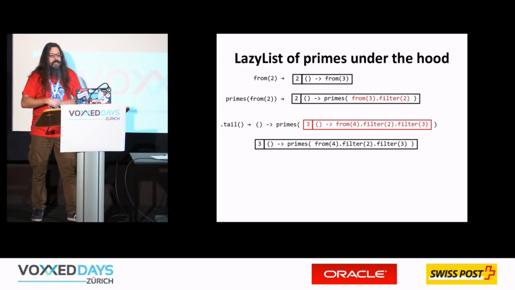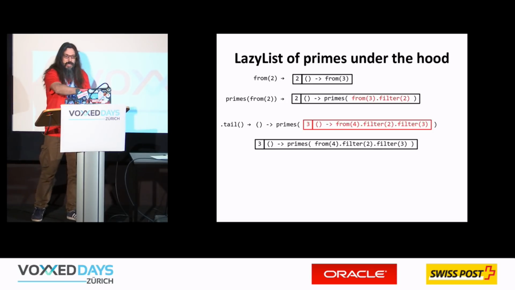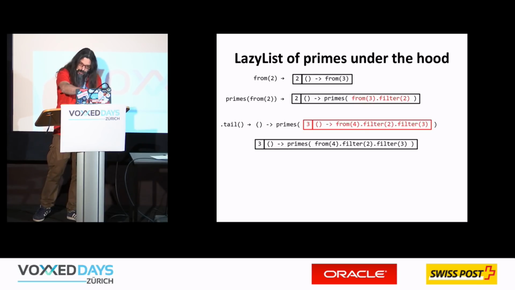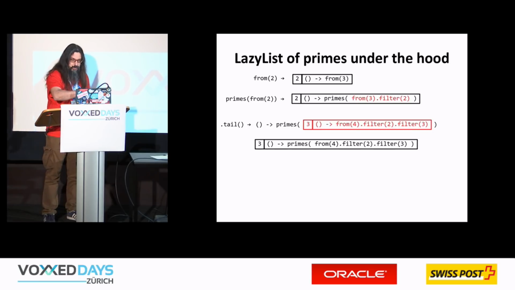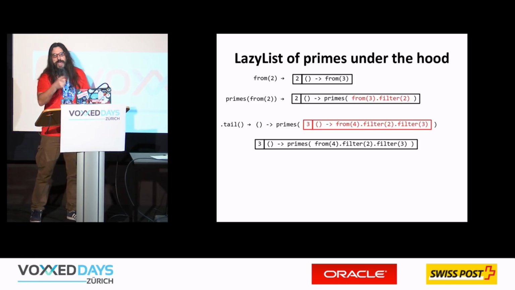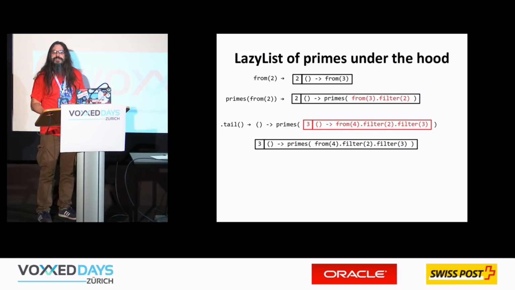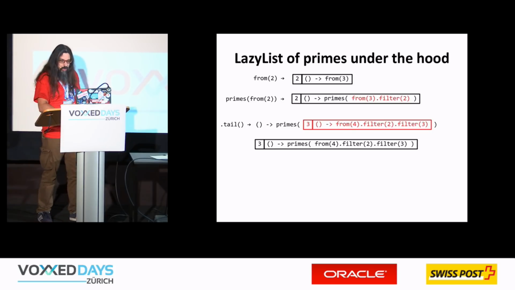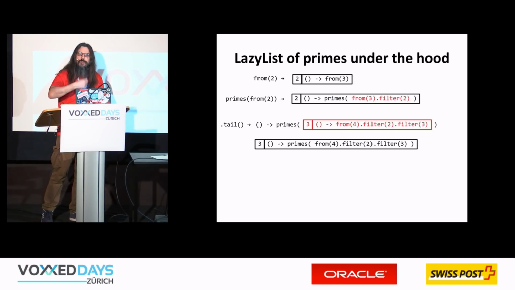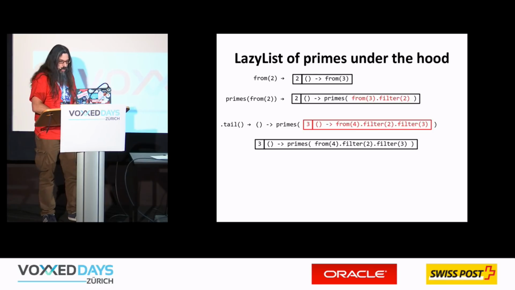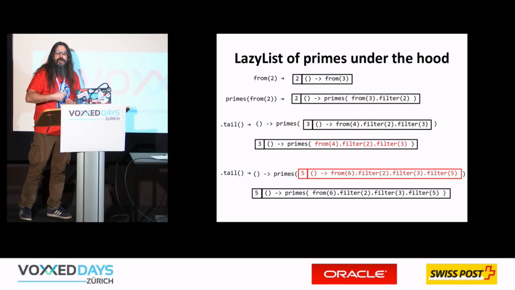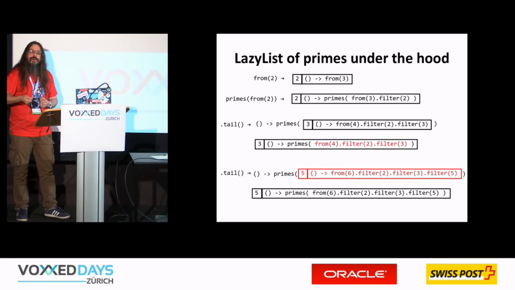Then I say, give me your tail, and the tail is from 3 filtered by 2. So it's the list starting with 3, and having as tail a supplier of from 4 filtered by 2 and filtered by 3. So you see what I'm doing? I'm concatenating in a lazy way the filtering of only the prime numbers.